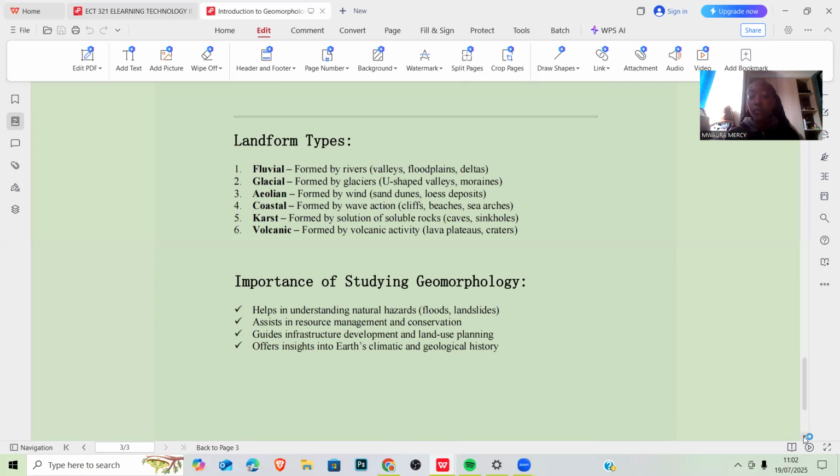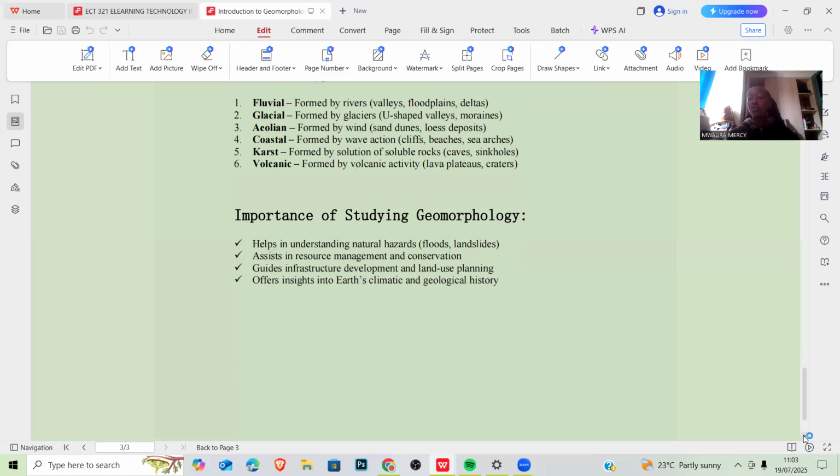There's coastal, formed by wave action, which forms cliffs, beaches, sea arches. There are karst landforms, formed by solution of soluble rocks, which form caves, sinkholes, stalagmites, stalactites. And volcanic, formed by volcanic activities, like craters and all that.